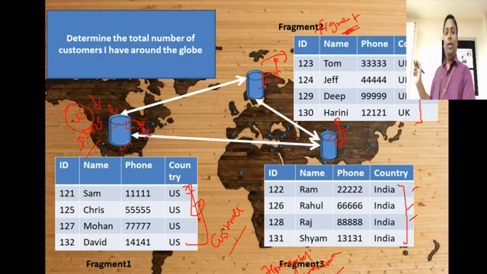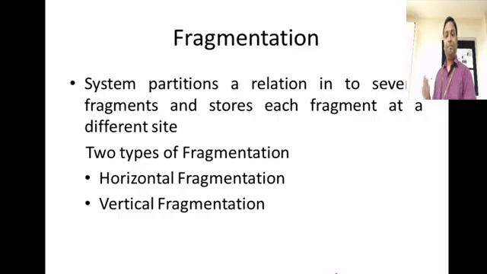We'll now take a look at the next thing, that is fragmentation. What is fragmentation? The system partitions a relation into several fragments and stores each fragment at a different site.